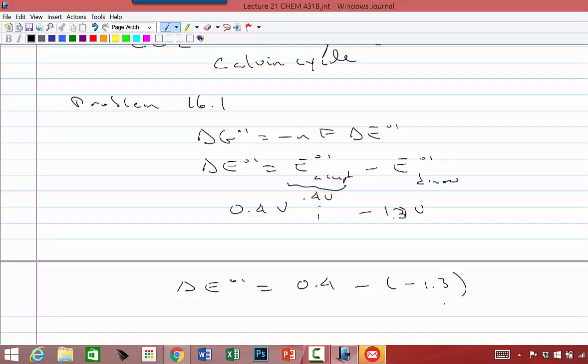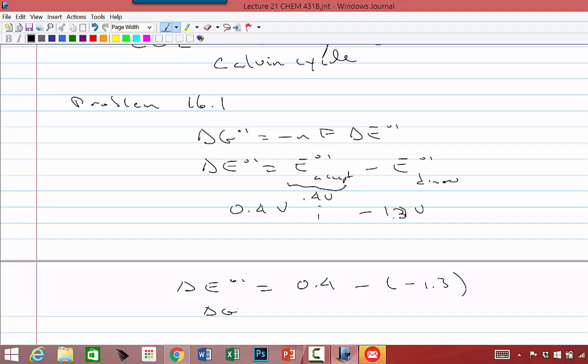I know that because anything more positive is going to be an acceptor, and anything more negative is going to be a donor. In order for this to be an exergonic reaction, I know that the acceptor has to be more positive than the donor under standard conditions. So that's going to be simple then.